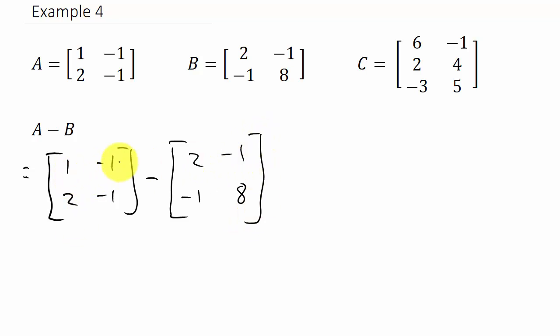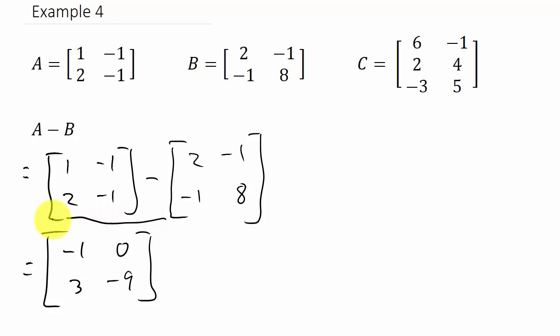Alright, and so I just subtract corresponding entries. And so I have 1 minus 2 is negative 1. Negative 1 minus negative 1 is 0. 2 minus negative 1 would be 3. And negative 1 minus 8 would give me negative 9. And that would be my answer.